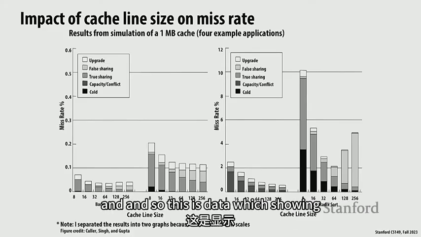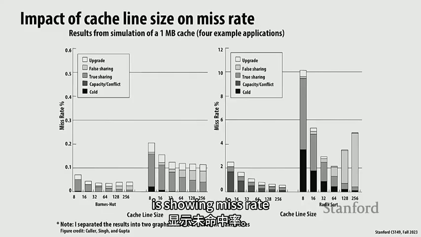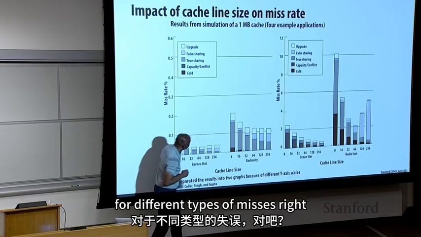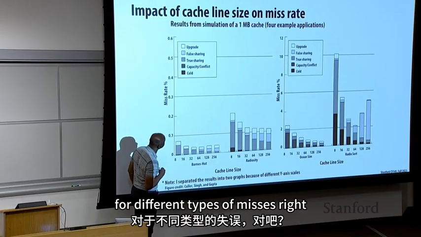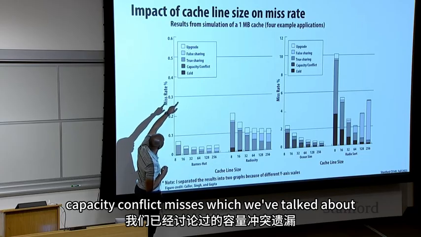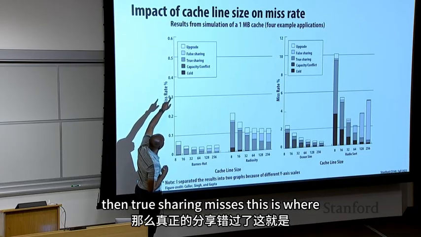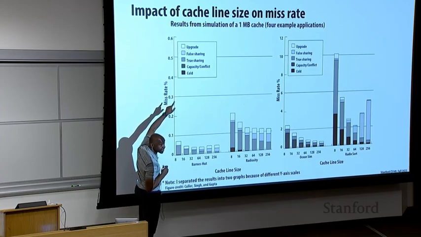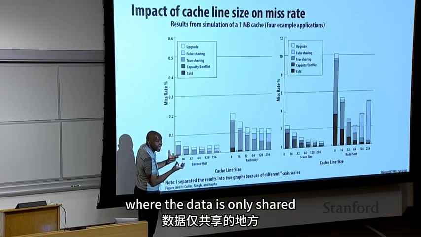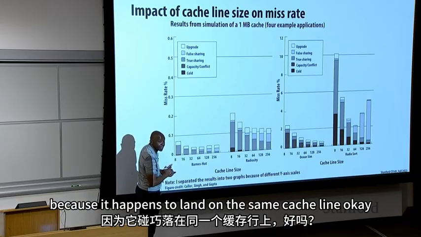This is data showing miss rate for different cache line sizes, for different types of misses. You've got cold misses, capacity and conflict misses, which we've talked about, then true sharing misses, where the data is actually shared, and false sharing misses, where the data is only shared because it happens to land on the same cache line.